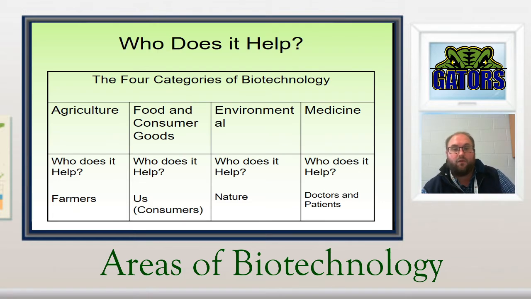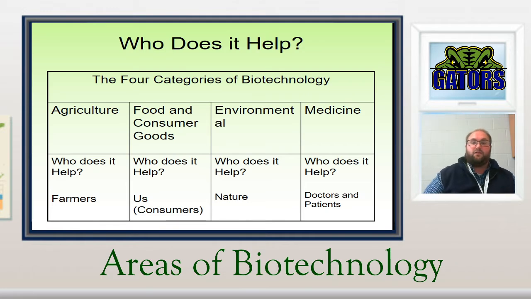If the answer to the question of who does it help is us, consumers, people who go out and purchase things from a grocery store or Walmart or superstore, then that is going to be food and consumer good biotechnology. If the answer of who does it help is, well, this helps nature, then it is environmental biotechnology.